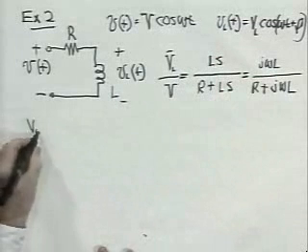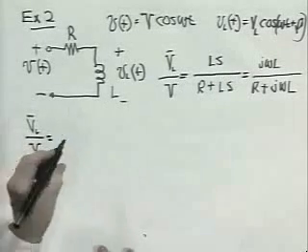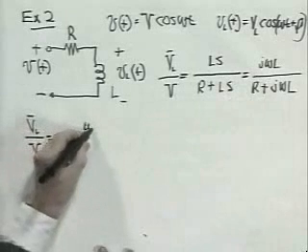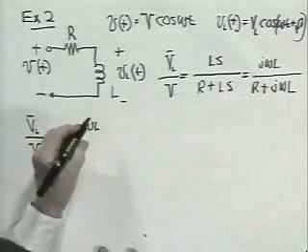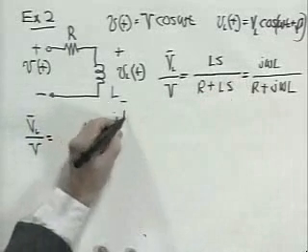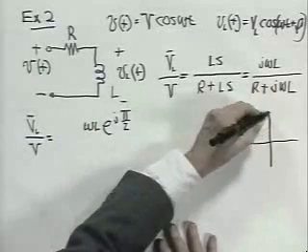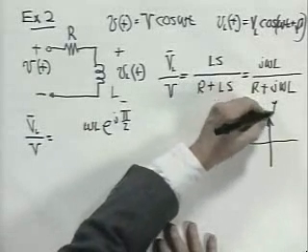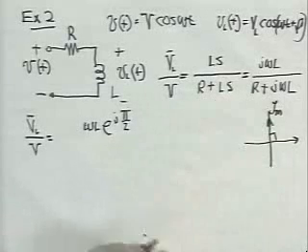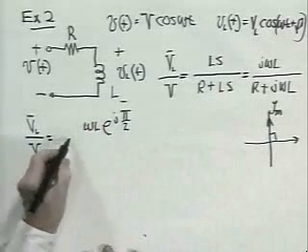So V sub L amplitude divided by V amplitude: the amplitude of the numerator is omega L. And the angle of the numerator is j, that is, it's e to the j pi over 2. Remember that in the complex plane, a purely imaginary number, this is the imaginary axis, is at 90 degrees to the real axis and corresponds to e to the j pi over 2. This angle is pi over 2. So there's the numerator in polar form.